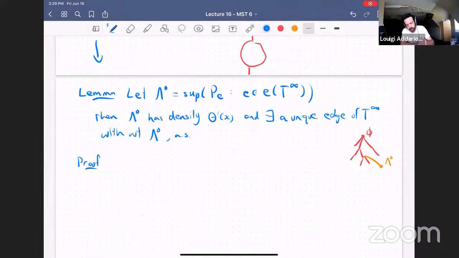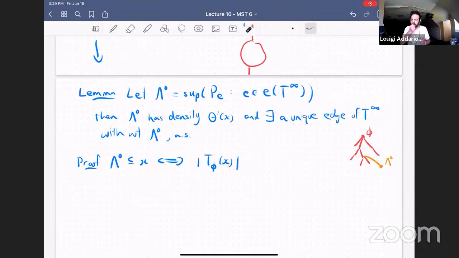The fact that this supremum has this density is not hard, because we always add the smallest edge available to us, right? So saying that the largest edge weight we ever add is at most x is equivalent to saying that, starting from the root, we have infinitely many edges available to us of weight at most x. But that's just saying that the x-percolated tree, what's available to us with weight at most x, has infinite size.